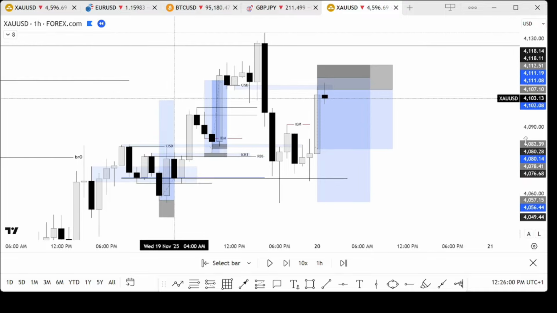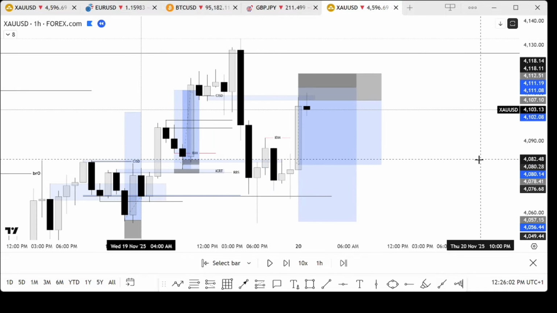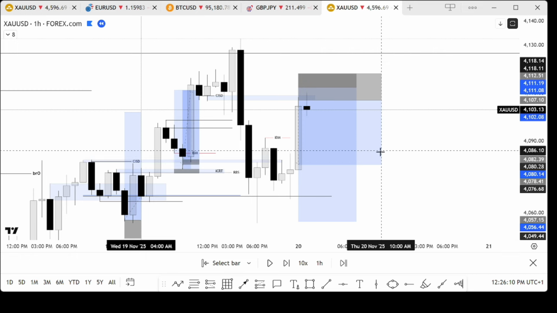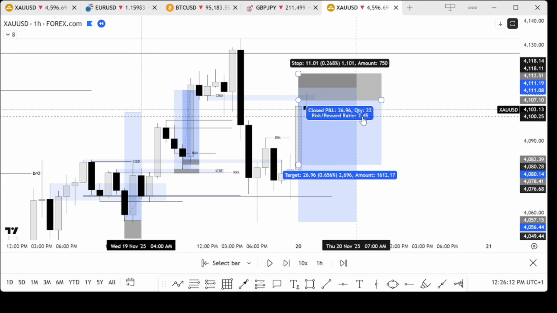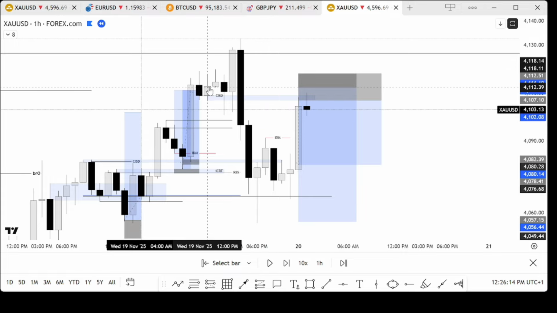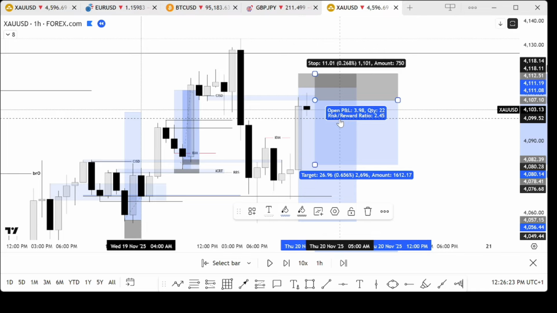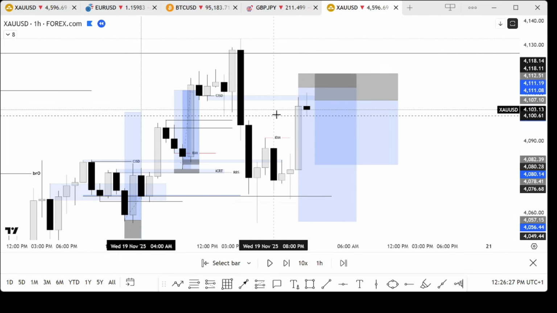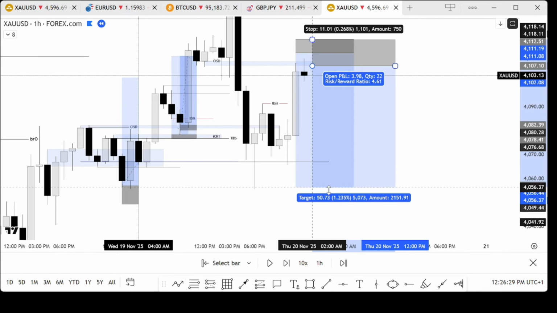Of course, I've not yet taught you how to use the iCRT effectively, whether using the 50% open-close or the whole body. But like I told you, the reason I prefer using the 50% is because the wicks of the iCRT are larger compared to the body. So for the sake of learning, we are going to put this right there, and target the same thing right there.